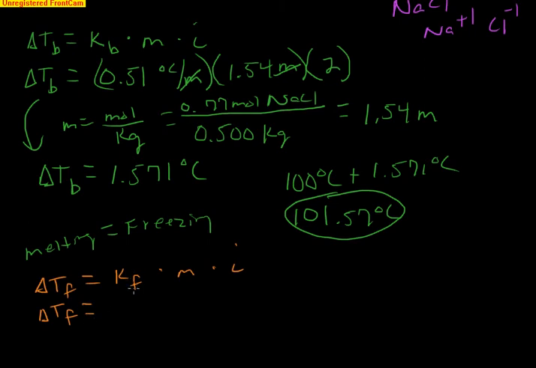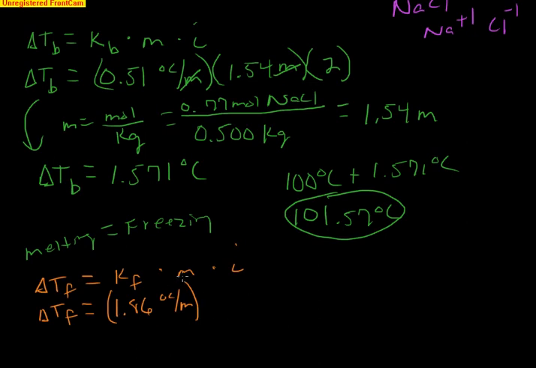So for this particular instance, though, the Kf, the freezing constant for water, we're still dissolved in water, so that number actually changes, but it is a constant. It is not the 0.51, but the Kf for water actually turns out to be 1.86, and the units are degrees Celsius per mole. Now, once again, this is not a number I would expect you to remember. It will be in a chart that you'll typically have on a test or quiz.